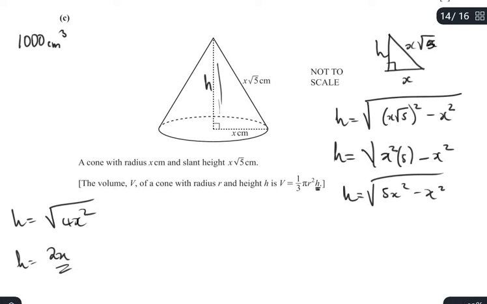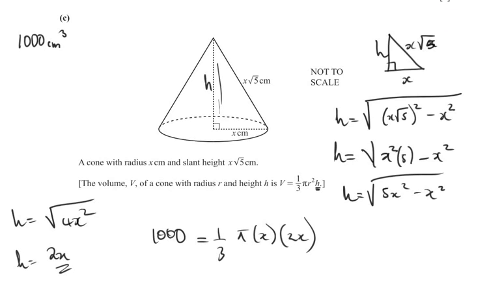Okay. So now if you look at this height here, then we can plug everything into that formula where we say V is 1,000. So 1,000 equals 1/3 pi, then the r, which is the x, and then the height, which is 2x. So all you need to do here now is to multiply by 3 as we did in the previous question, so that this can divide.